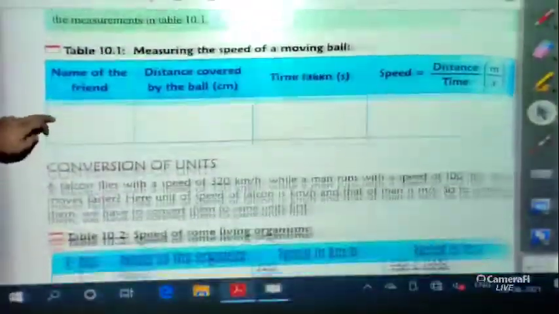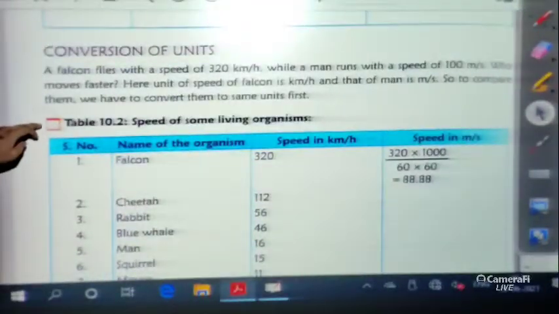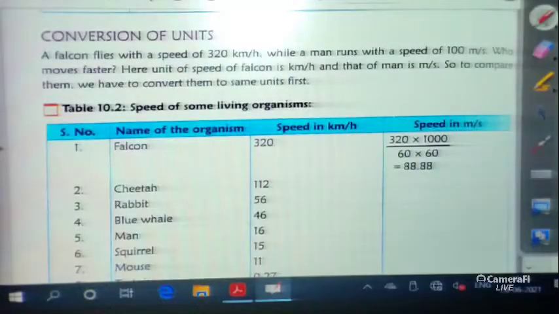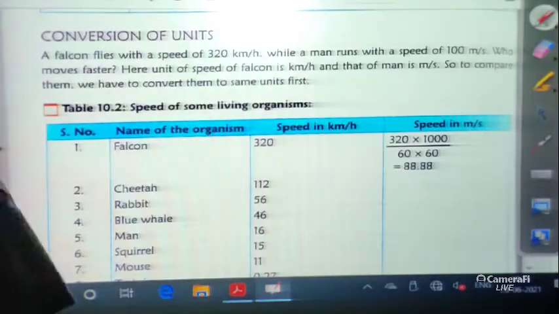Let us discuss a very important portion of the chapter: conversion of units. The definition of speed and the units of speed we have already discussed. Now just have a look.